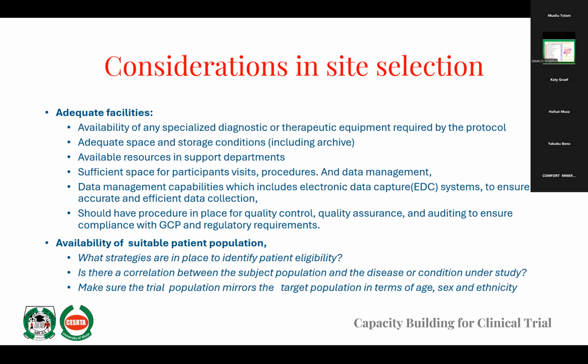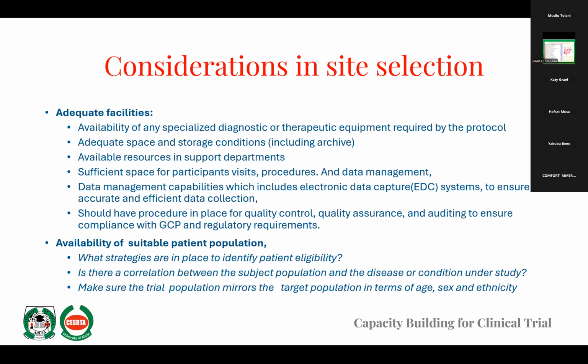Again, those are some of the advantages some sites do have, because some robust sponsors may decide to say, okay, we're supplying this equipment for the purpose of this study, and those are the benefits that sites stand to gain. But again, they should make sure that equipment is in place. There's no need for them to improvise.